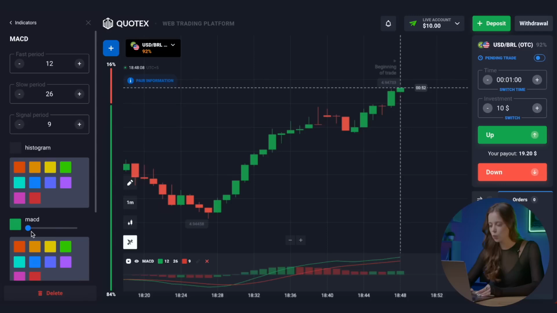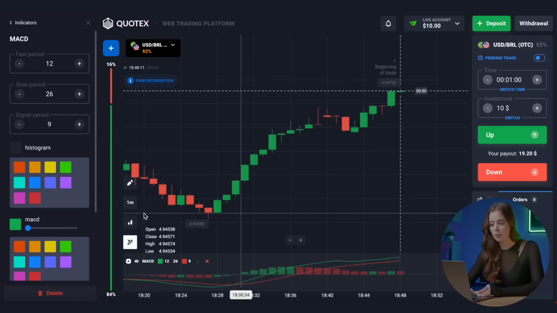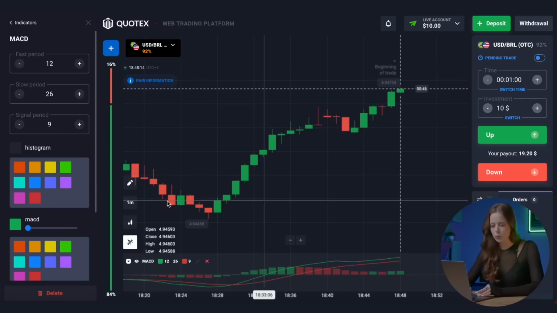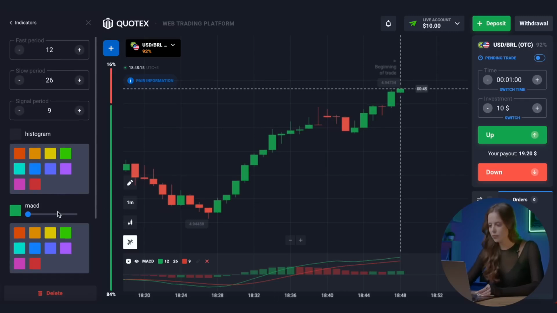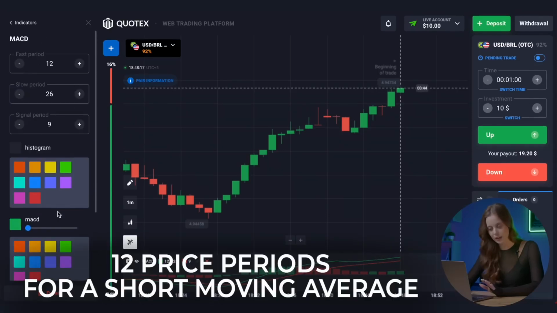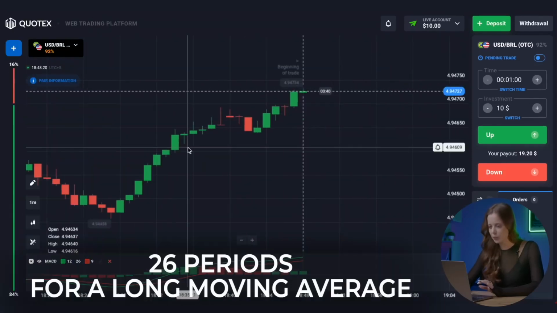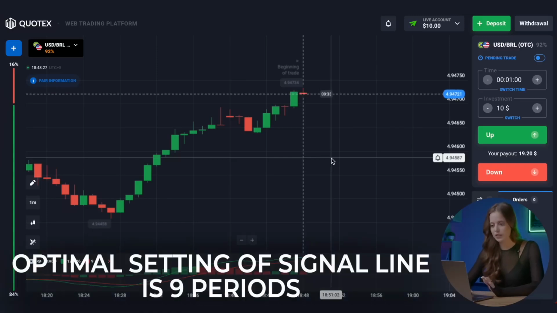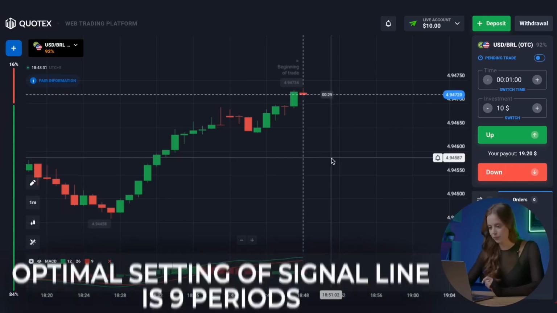The MACD is one of the most basic indicators for trading, which allows us to determine the strength of the trend and the direction of price movement. So we set all the necessary parameters, and it's best to use 12 price periods for a short moving average and 26 periods for a long moving average. The optimal setting of signal line is 9 periods.